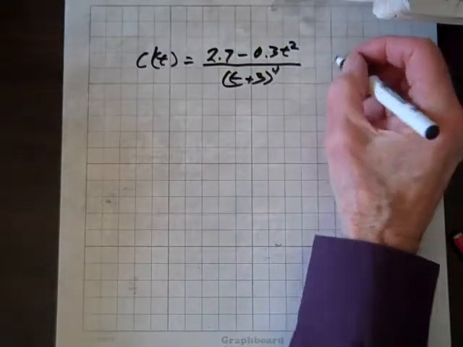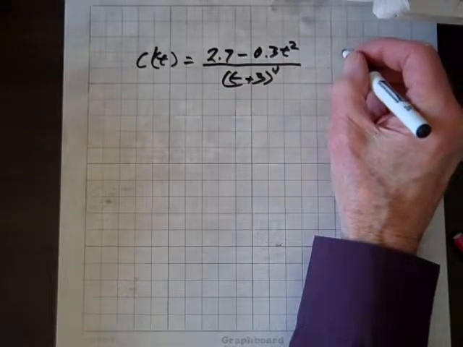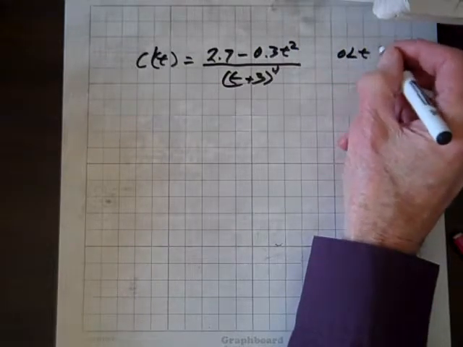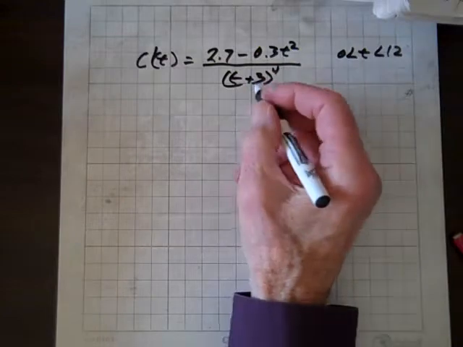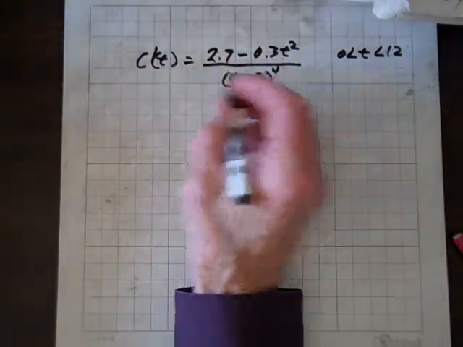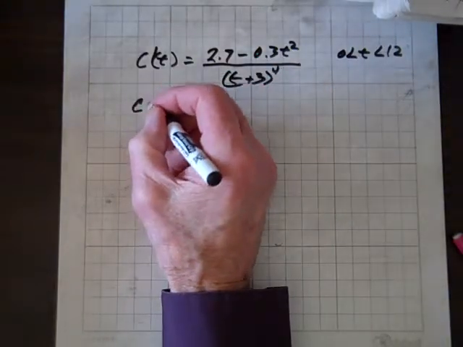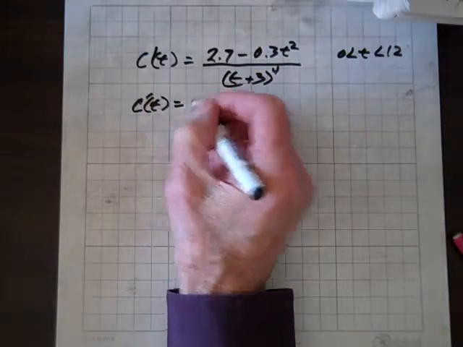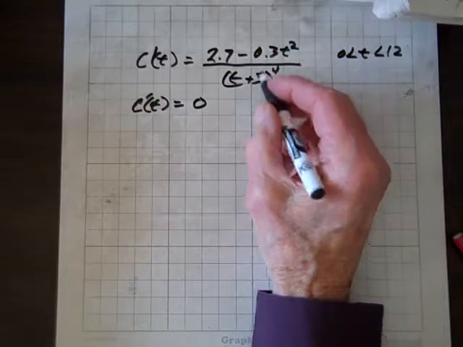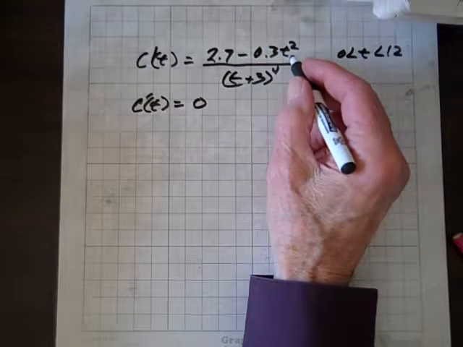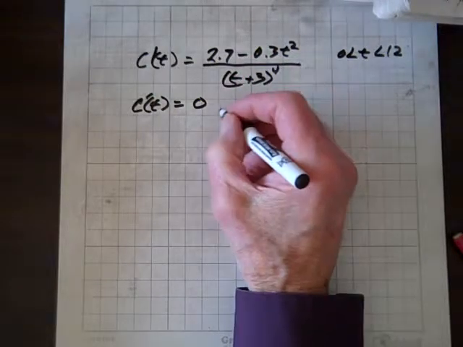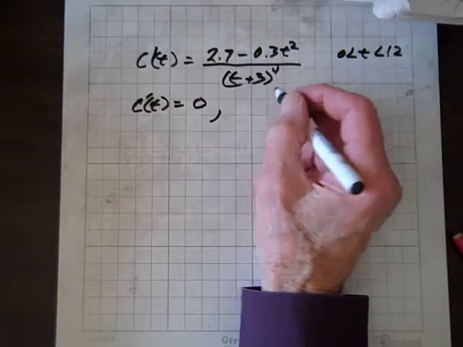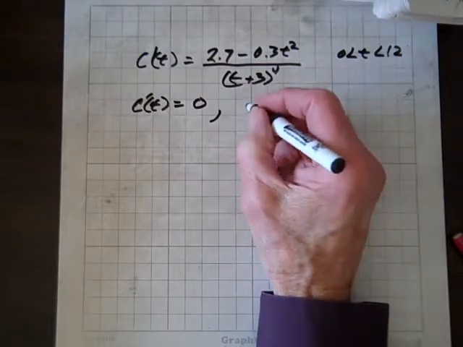And we're on the interval 0 is less than t, which is less than 12. So now let's set C prime of t equal to 0 to find the critical values. That means we just have to set the numerator equal to 0 because the denominator is never going to take this thing to 0.